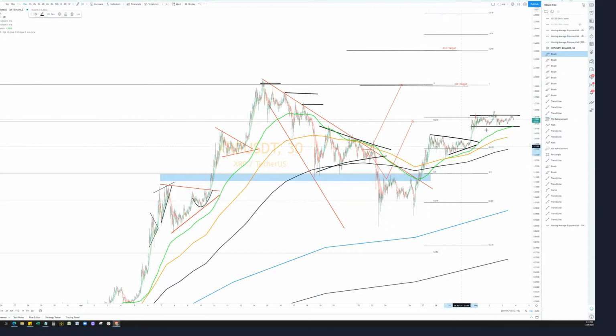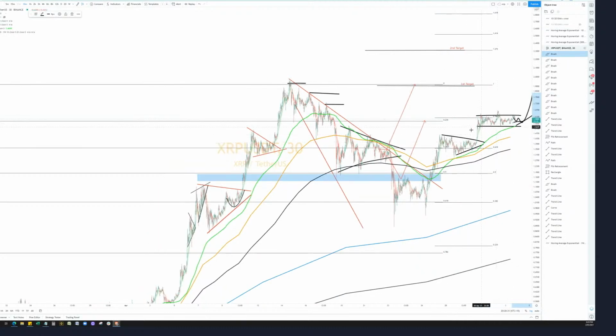A continuation pattern. I think this is a continuation pattern as well. It doesn't look like a reversal, but it's ugly. Would it move after it hits this green moving average? Probably, and then up. So far, it looks like an accumulation and a continuation pattern.